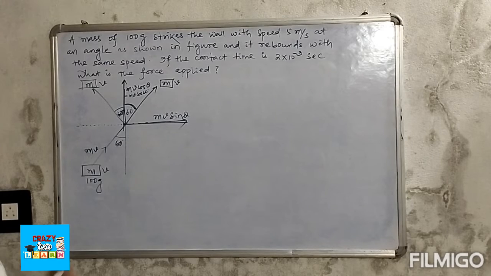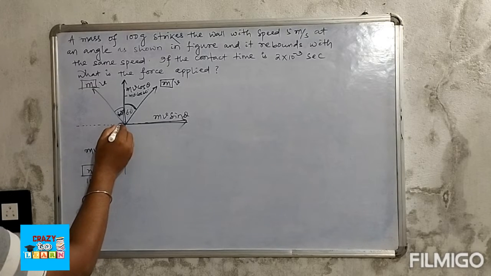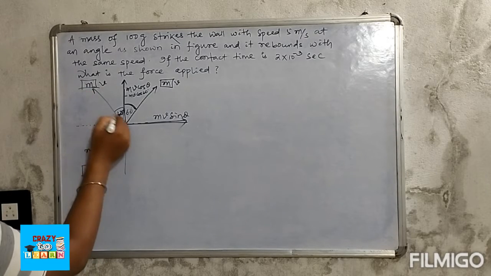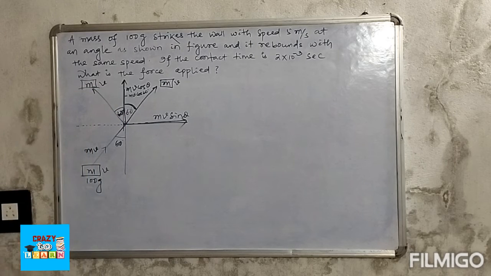Clear? Again, the vector has now rebounded, so the vector is drawn along this direction and its momentum is mv.